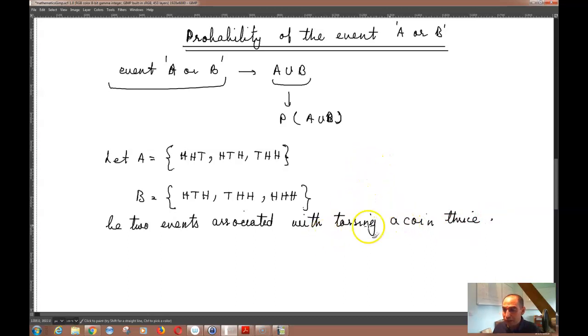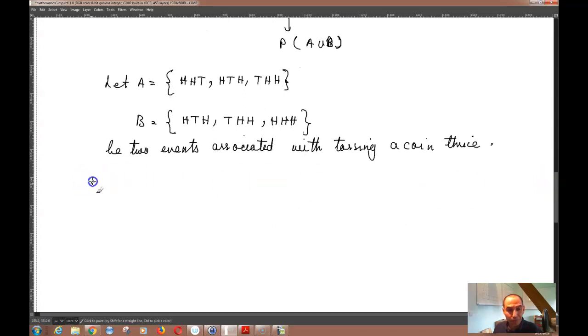Now clearly A union B is equal to HHT, HTH, THH, and HHH. HTH is already covered, and THH is already covered, and you have HHH here.